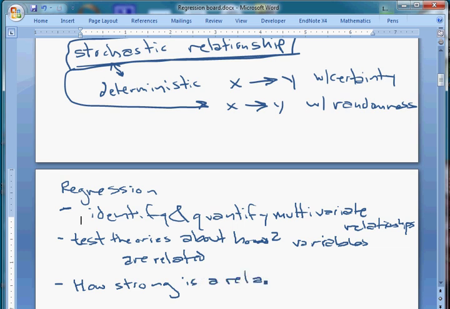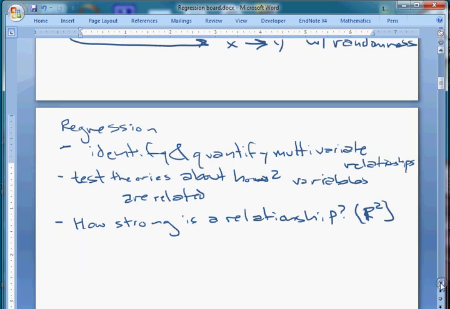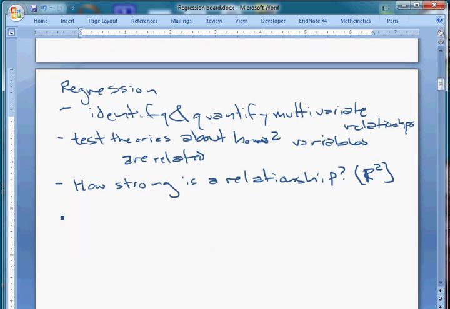And then another, and very important for us, reason is to, it's called R squared, sorry. Another very important use of regression is to make predictions and analyze variables. So predict one variable based on another.